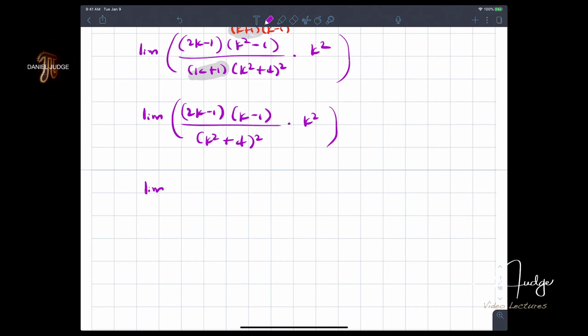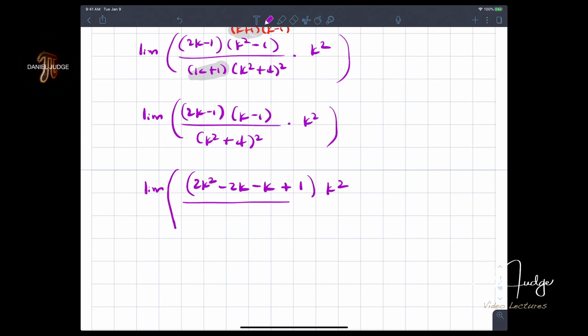What is that going to give me if I go through some algebra? I can kind of fake the algebra a bit, I kind of know the answer, but let's go through it. 2k squared outer term, minus 2k inner term, minus k plus 1.